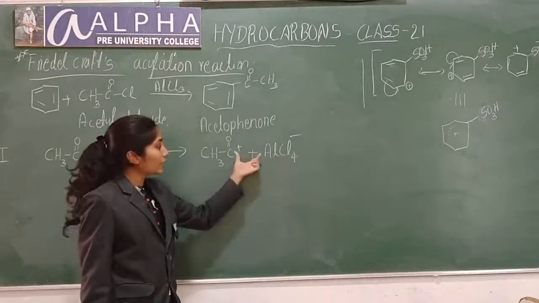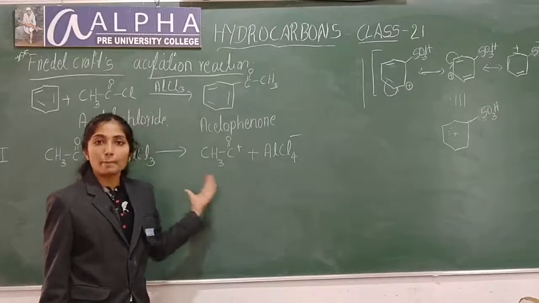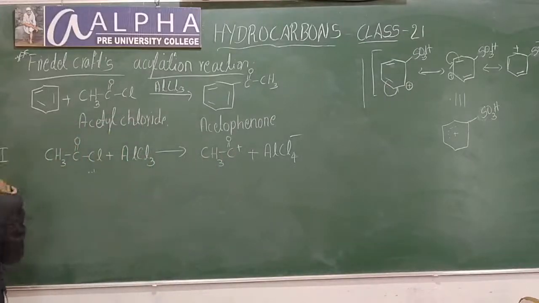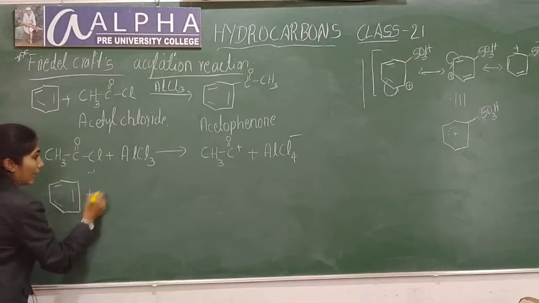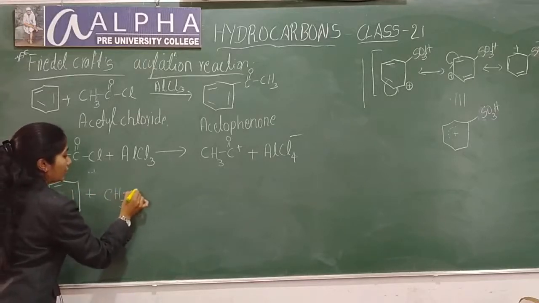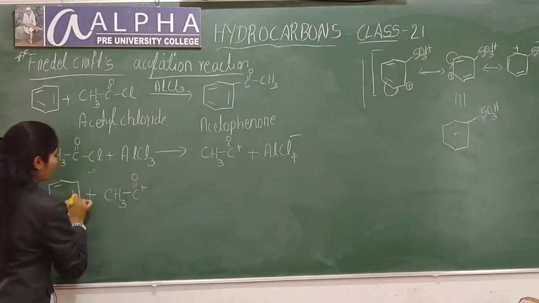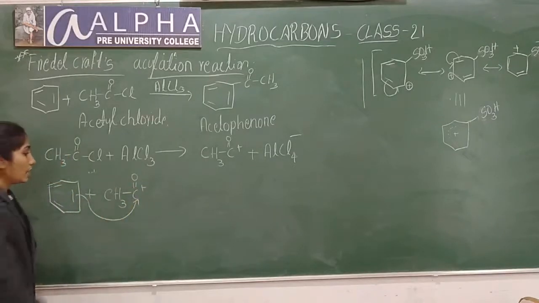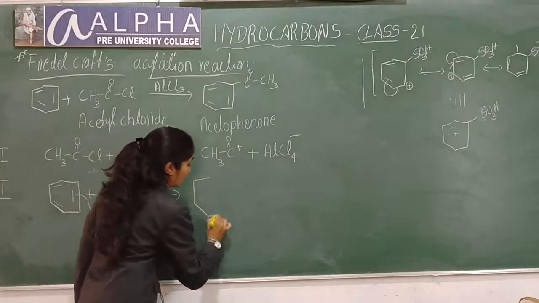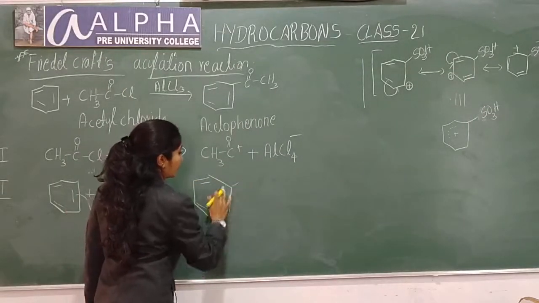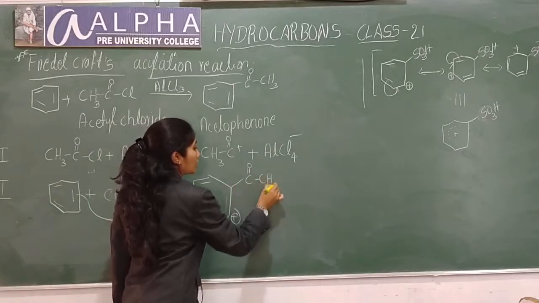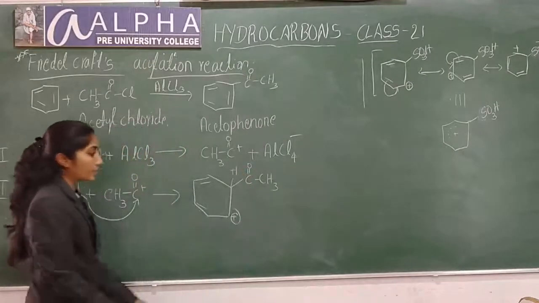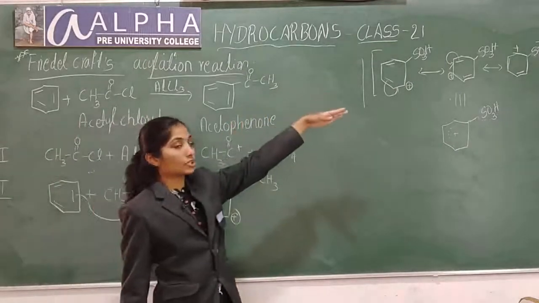Next step, what will happen? This is our electrophile. It will attack the benzene ring. The benzene ring will be attacked by the electrophile CH3, C double bond O plus. So it will attack here, and you will get a carbocation like this, with positively charged carbocation, C double bond O CH3, and H. This is resonance stabilized. Write the same structures.